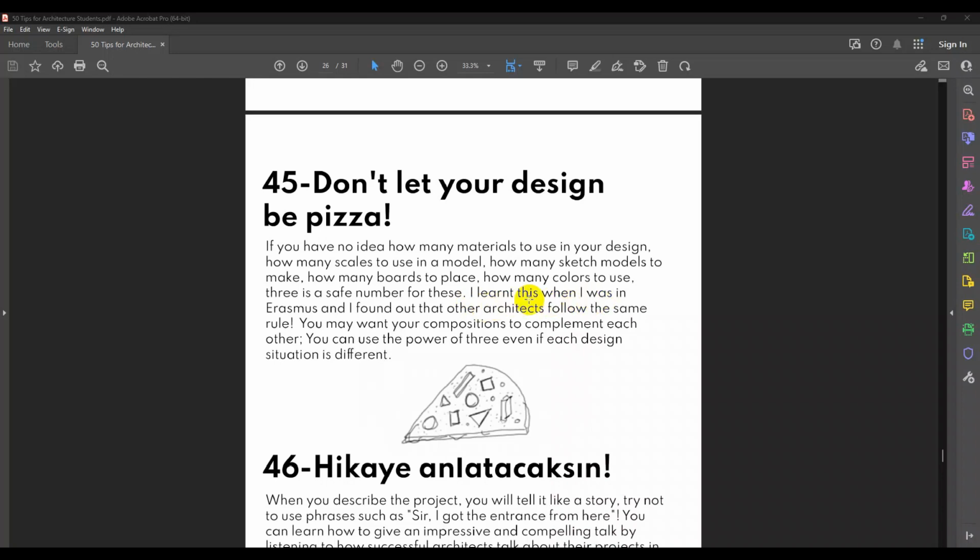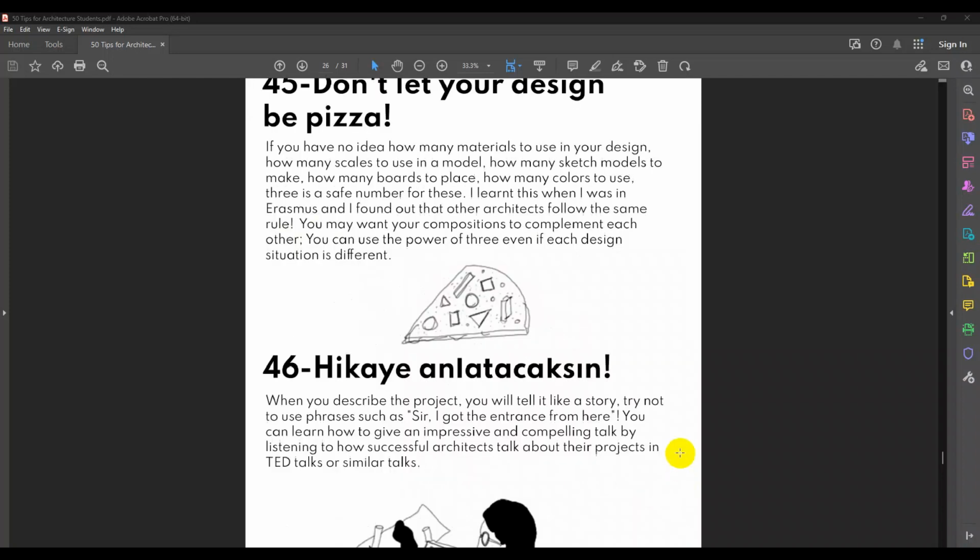I learned this when I was in Erasmus, and I found out that other architects follow the same rule. You may want your compositions to complement each other. You can use the power of 3 even if each design situation is different.